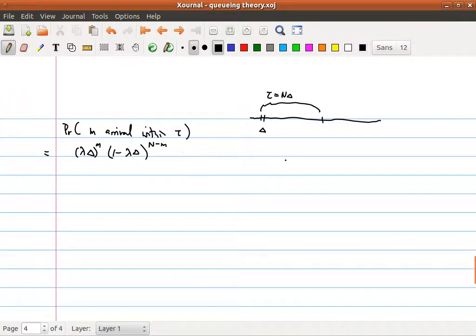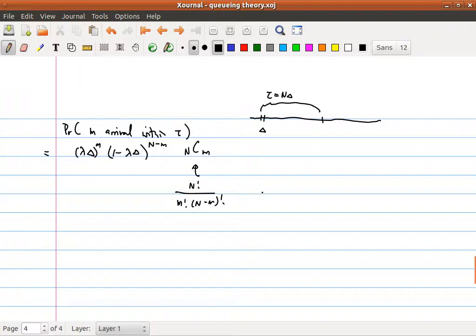The number of these combinations is just n choose m, which is n factorial over m factorial times n minus m factorial.